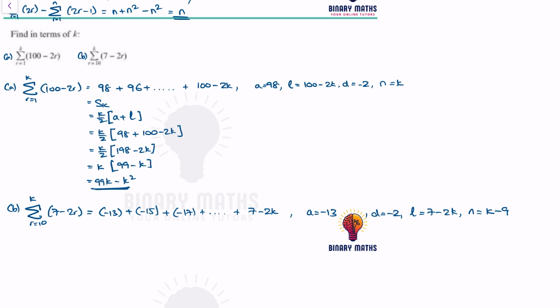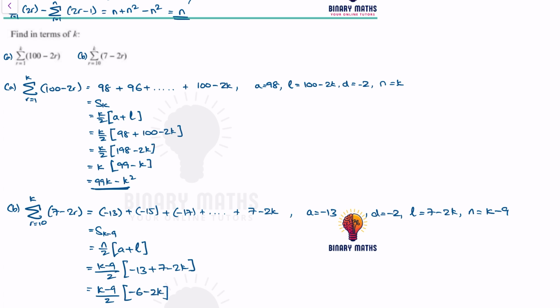Okay, so the same thing as working out S of k take away 9, which is equal to, remember, n over 2 times a plus l. So it's going to be k minus 9 over 2 times a, which is negative 13, plus l, which is 7 minus 2k, which is the same thing as k minus 9 over 2 times minus 13 plus 7, which is minus 6, take away 2k.